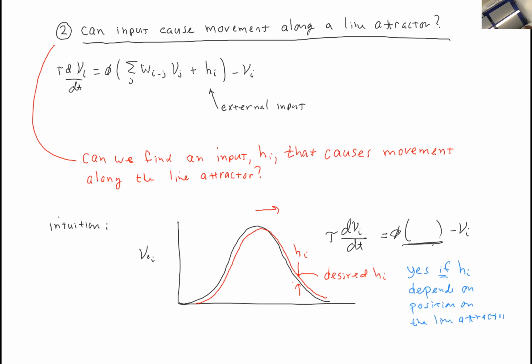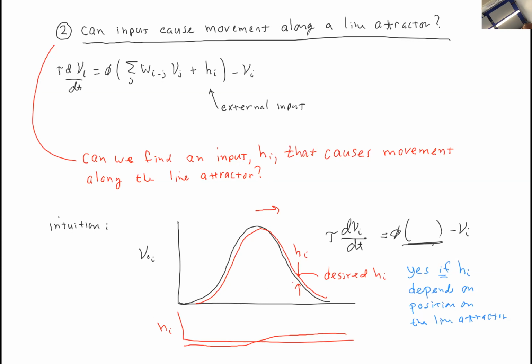If you plot h_i, it looks something like this.